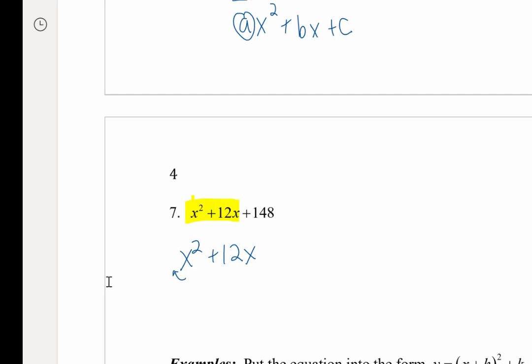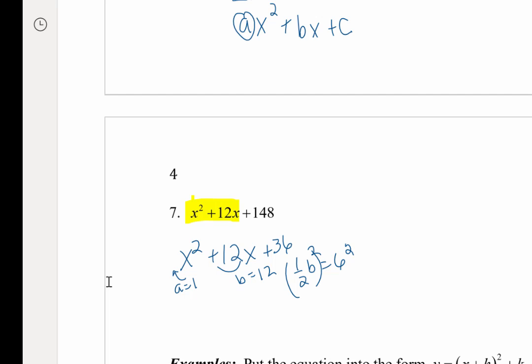This coefficient is 1. 12 is b. We're going to take half of b, which is 6, and we're going to square it, right? Which is going to be 36. So to complete the square with the x squared plus 12x, we need 36.